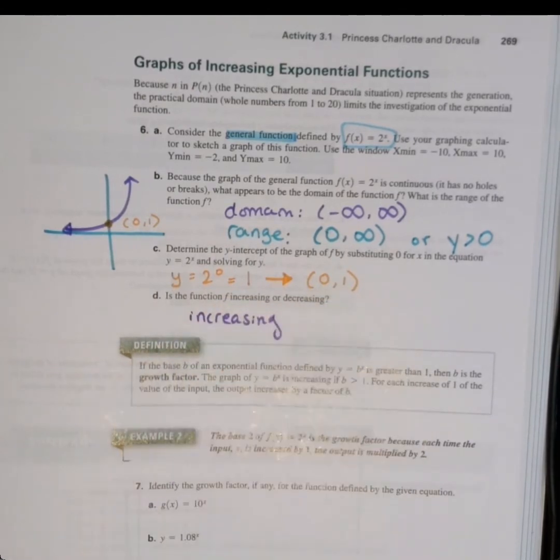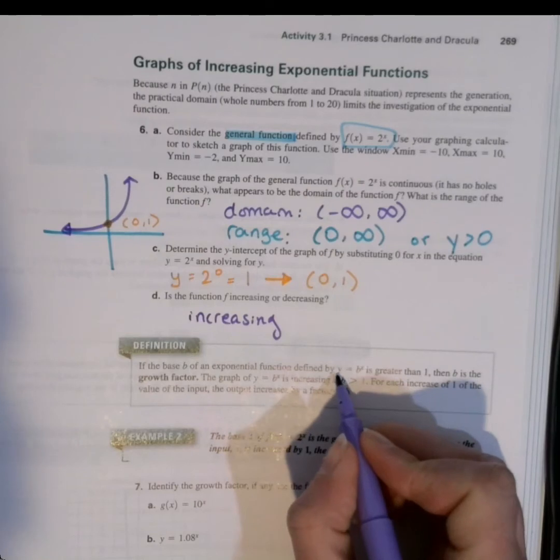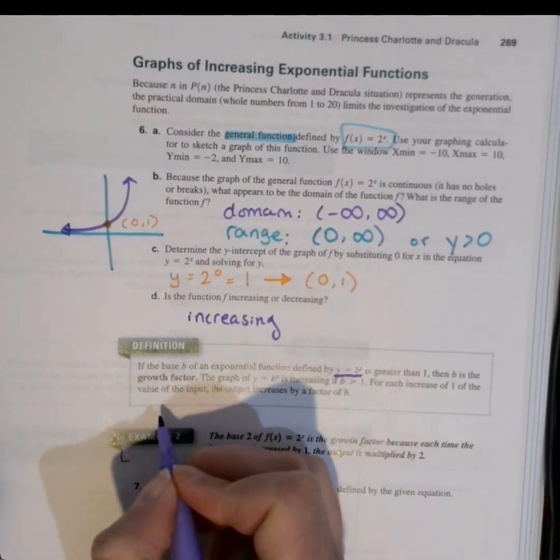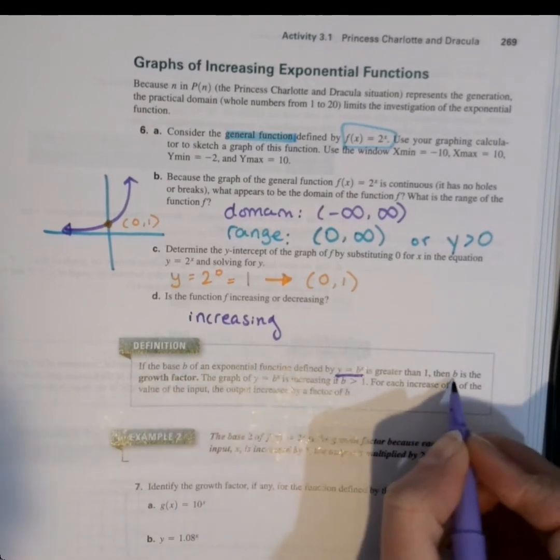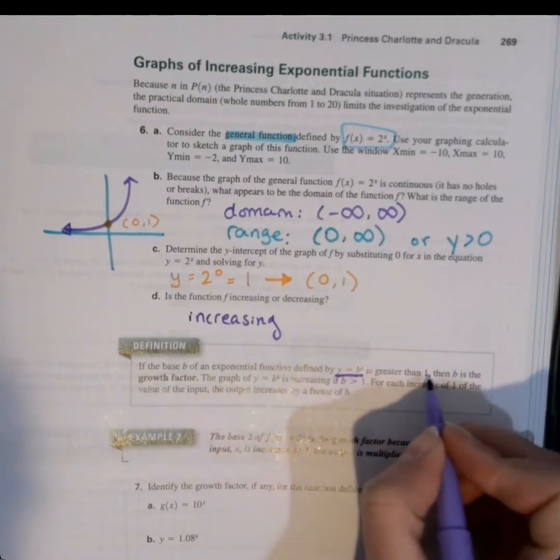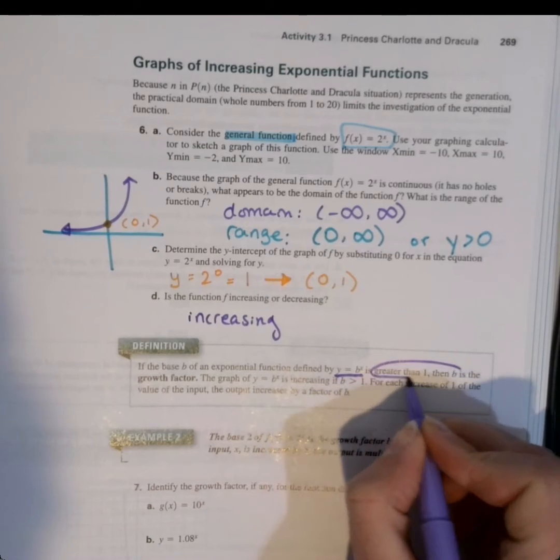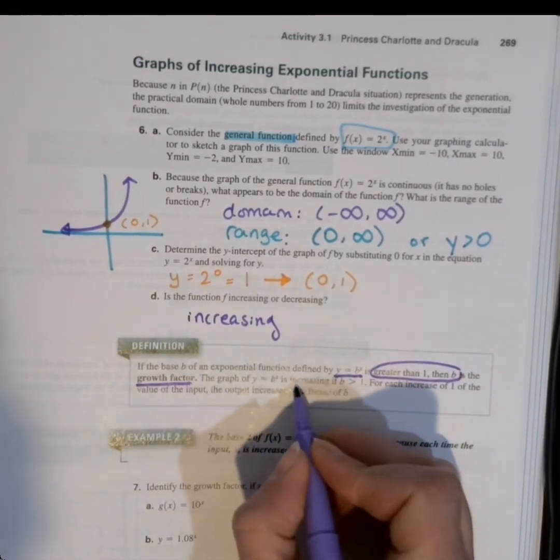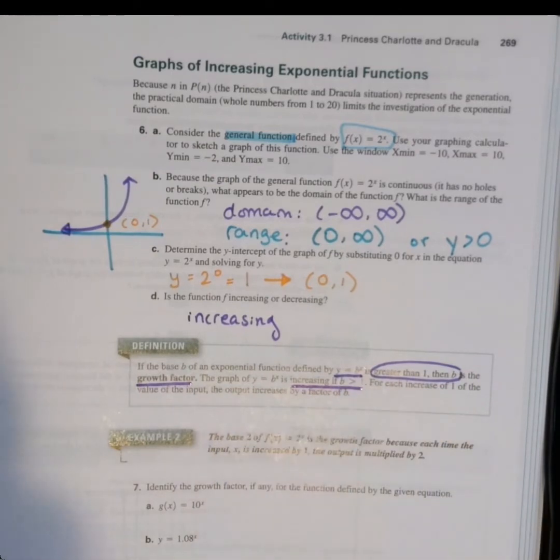All right, so here's what they talk about. That function again, y equals b to the x, is going to be an increasing function if the b value is greater than 1. So if b is greater than 1, then b is called the growth factor. So your graph is increasing for a positive b.